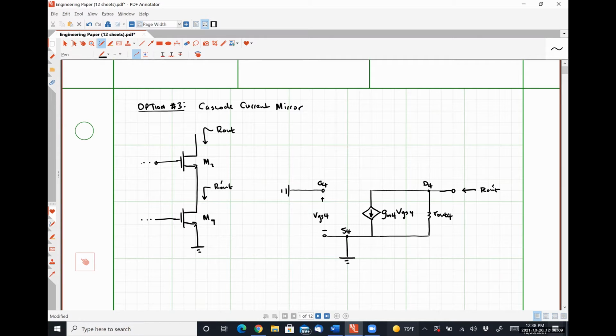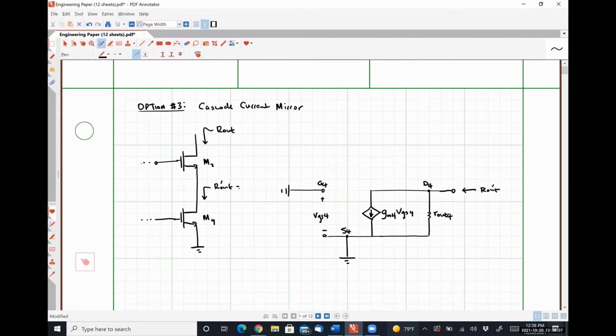It's also ground. So that means VGS4 is what? Yeah, 0 minus 0 is equal to 0. So since this voltage VGS4 is 0, what does this current source do? Whatever gm4 is multiplied by 0 means that it doesn't supply any current, right? So all we see is this resistor R out 4, because the current source does nothing.